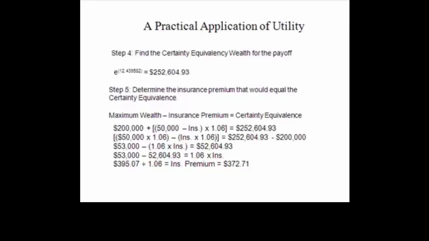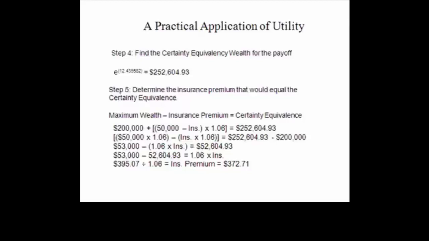Step 5 is the final calculation of that acceptable premium. The steps involved are very simple algebra. You start off with the formula that we just discussed of $200,000, the value of the home, plus $50,000 minus the insurance premium times 1.06 to reflect the 6% earnings. And that will equal the certainty equivalence.